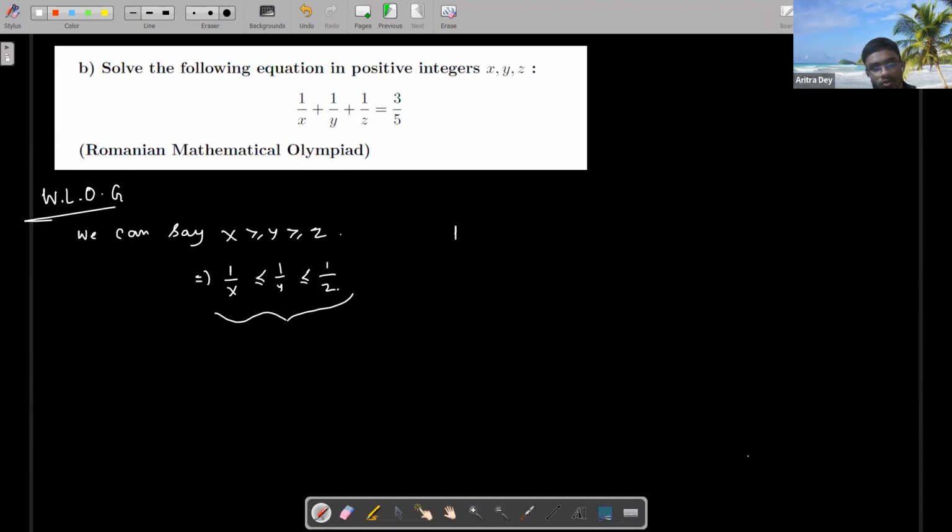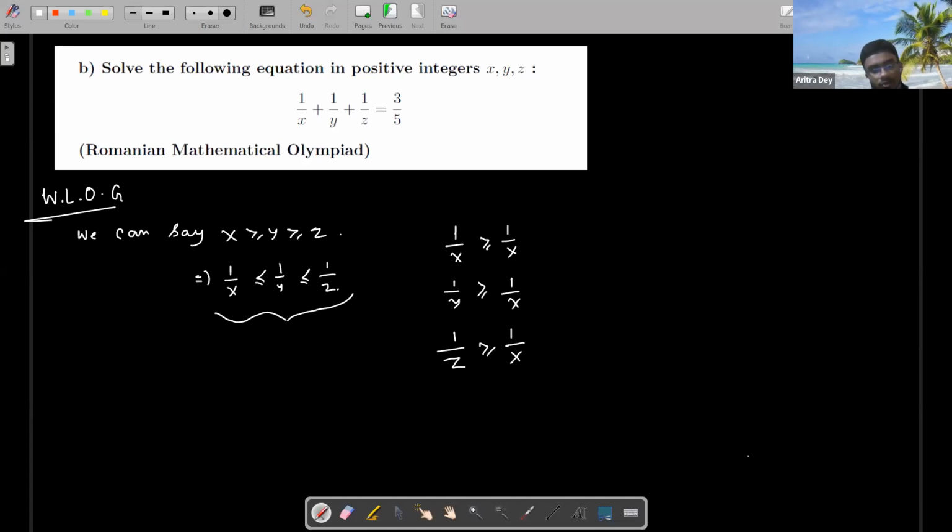You know that 1 by x is lesser than 1 by y, and I think a good bound on x will be a good bound, right? 1 by x is greater than or equal to 1 by y and 1 by z.